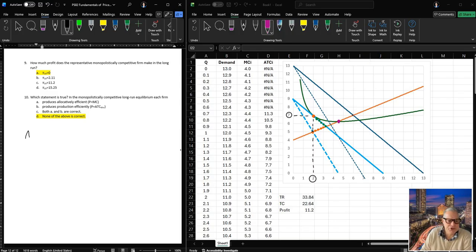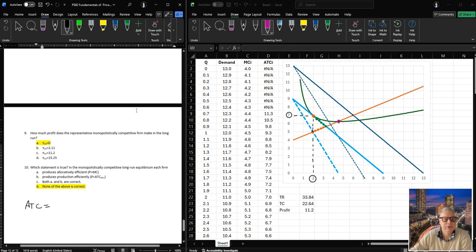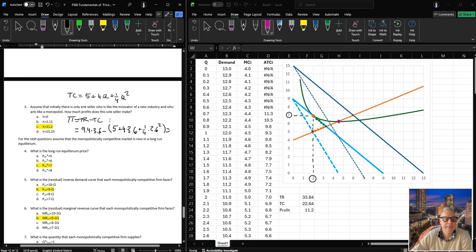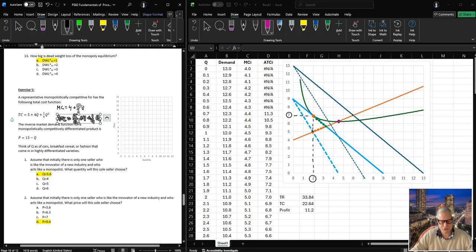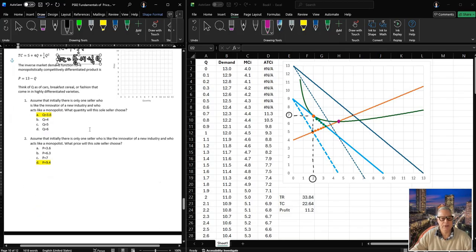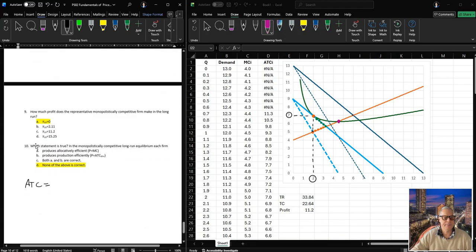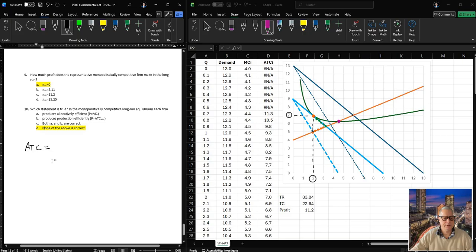So the average total cost function was again, where did we write it down? Here we have the average total cost. It's actually, yeah, paste that here.